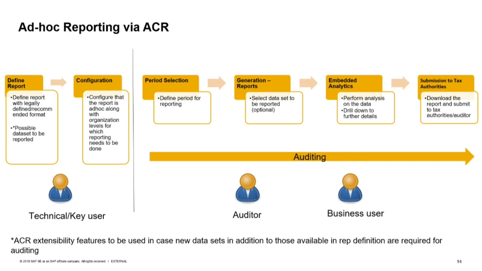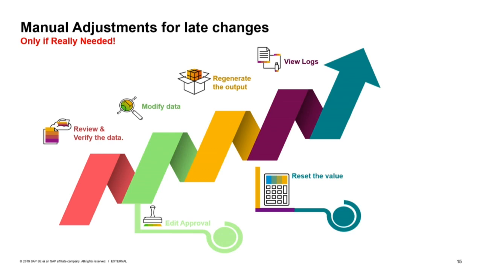That's one of the most important aspects in today's legal reporting, to keep the audit data always available, the actual data that has been submitted. So we store this throughout the process, so you can come back to this, know when and how this report has been generated.